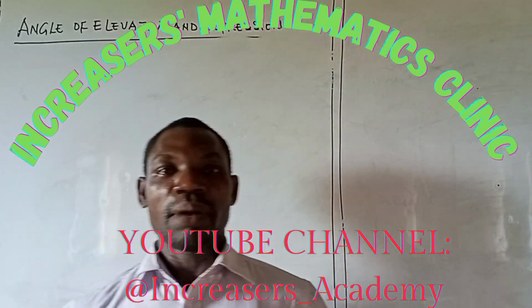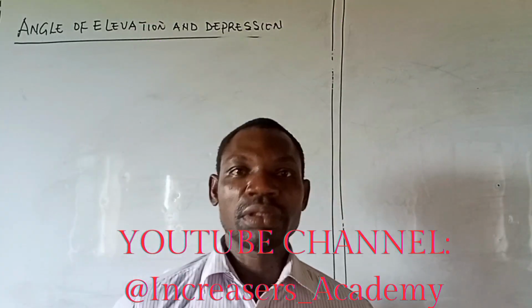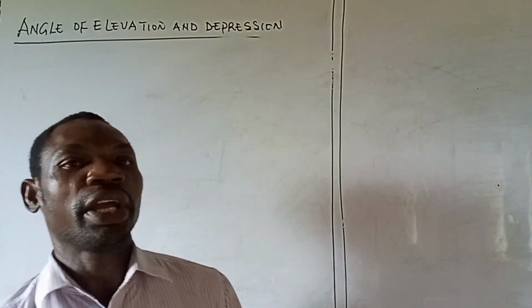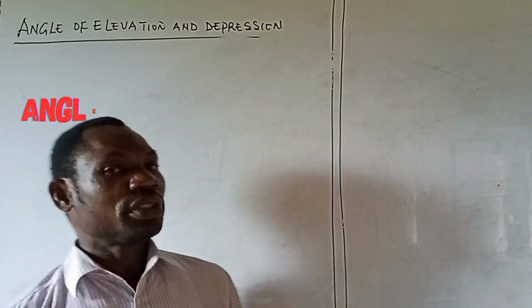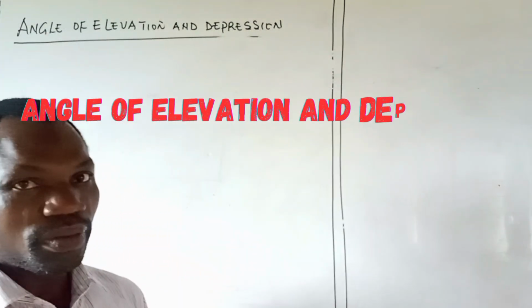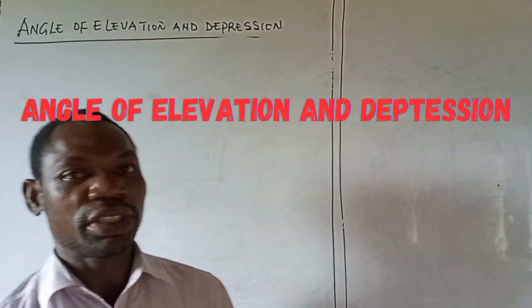Put on your thinking cap as we navigate through salient mathematical concepts. Today, I'll be talking about the angle of elevation and depression. What then is the angle of elevation?